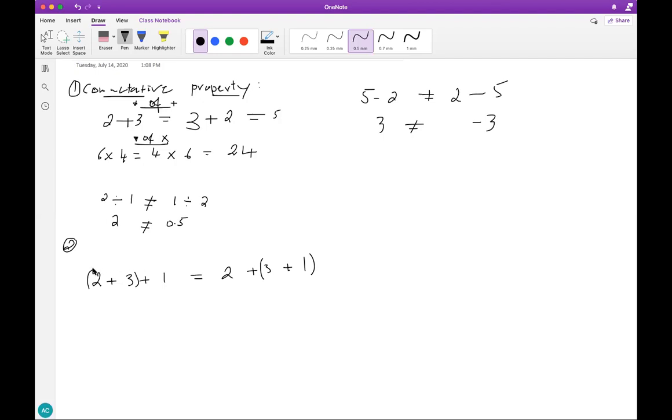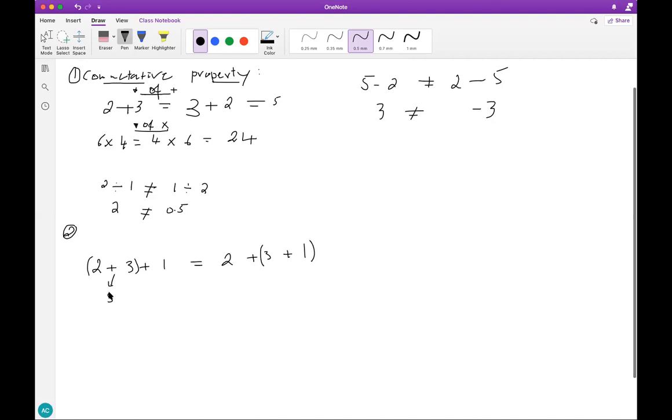Where do we start if you want to simplify this arithmetic expression? 2 plus 3. That's right. We evaluate the parentheses first, PEMDAS, so that's 5 plus 1, that's 6. And from here, we evaluate the parentheses again first, that's 4. That leaves you with also 6. As you can see, we got the same result, even though we did them in a slightly different order.